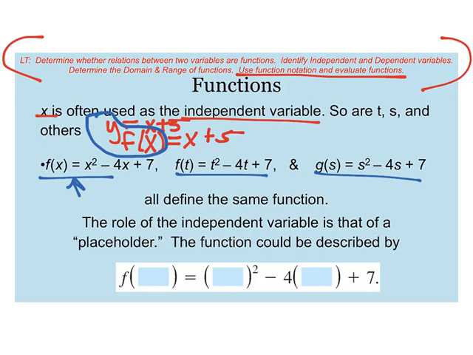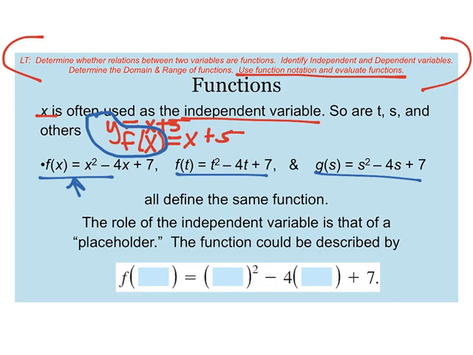That second one is f of t, or the function of variable t. And then the third one is written as the function in terms of s, or g of s. Those all are defining the same function, and the independent variable is simply a placeholder.